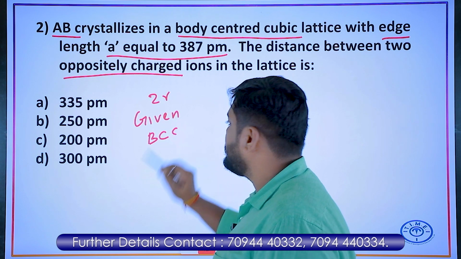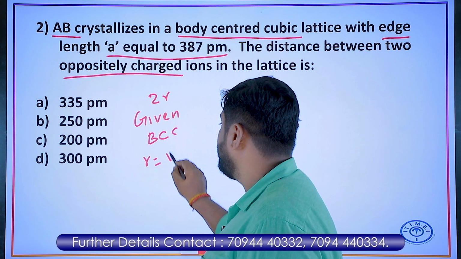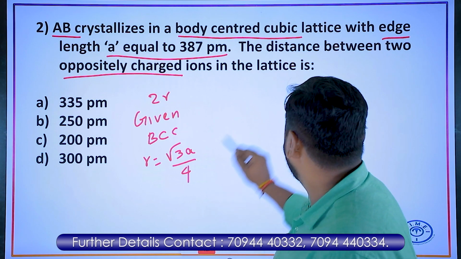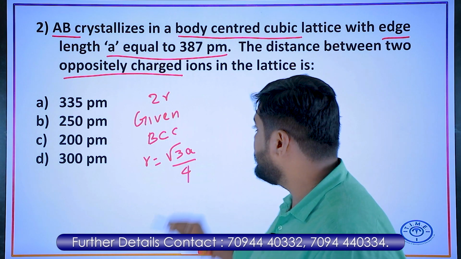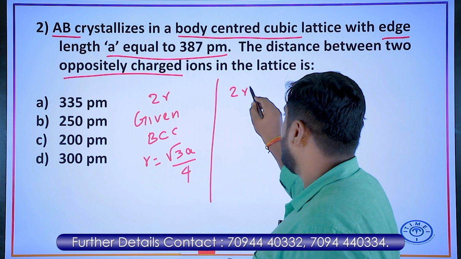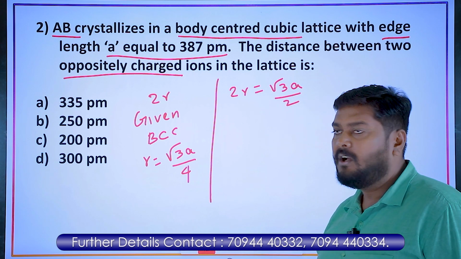This crystal has crystallized in BCC and we know the formula for BCC, r equal to root 3a by 4. We are asked to find the distance between two oppositely charged ions, which is r plus and r minus, which is nothing but 2r. 2r equals root 3a by 2. So this is your formula.